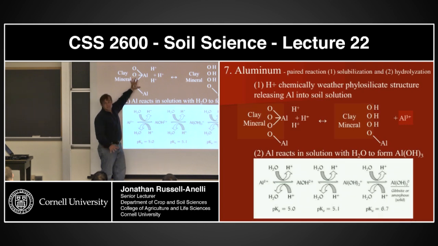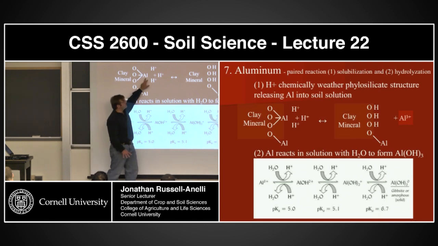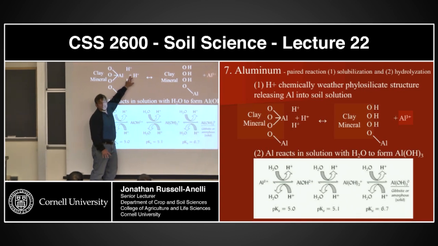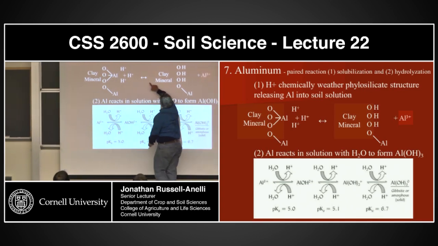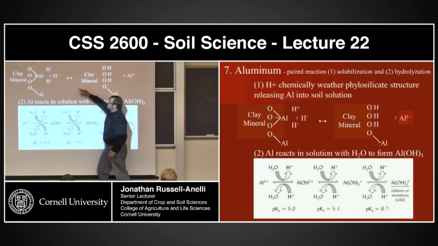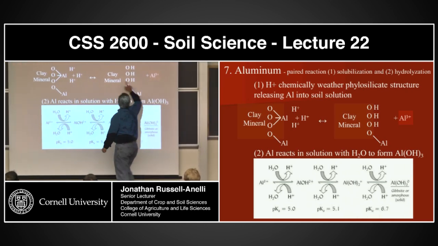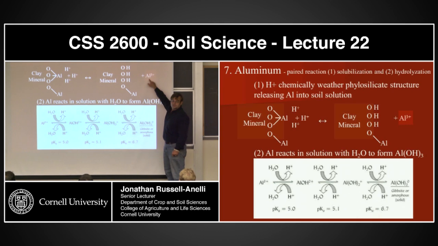It's going to sit there. And if it does that, it potentially is going to react with these protons in soil solution, creating hydroxides here, putting the aluminum into the soil solution. Does that make sense?